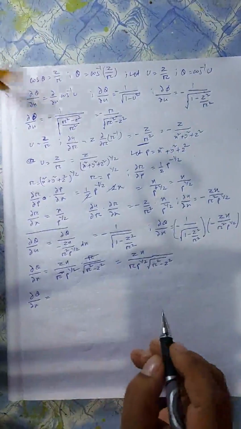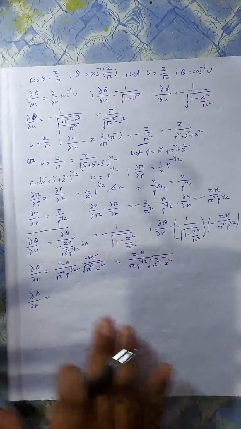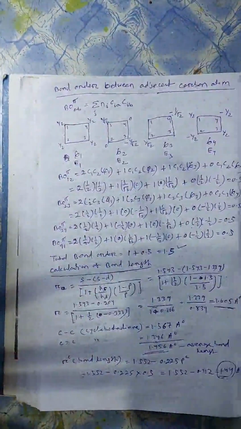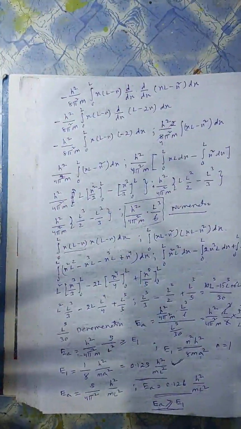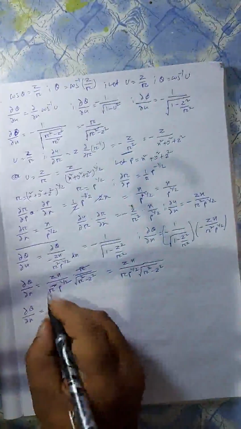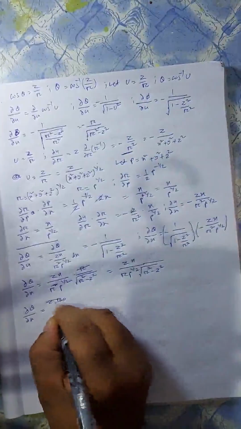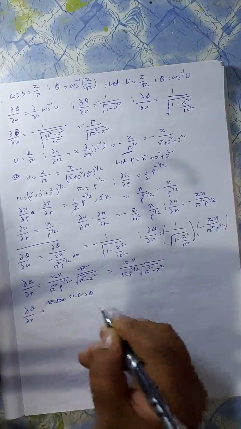Then what do we write here? Z is equal to r cos θ.